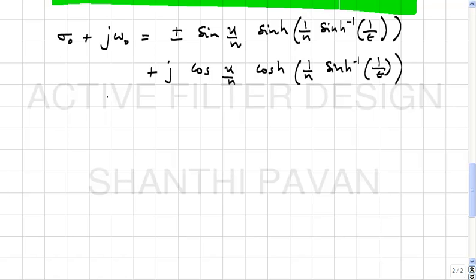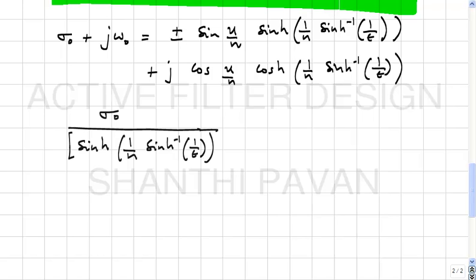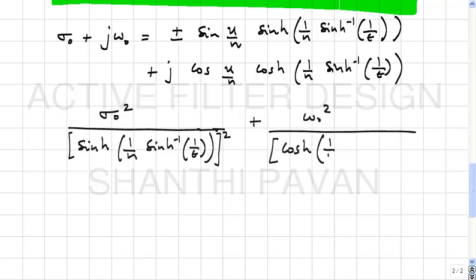A simple observation that I'd like to bring to your attention is the following: sigma naught divided by sin hyperbolic of 1 by n sin hyperbolic inverse of 1 by epsilon, the whole square, plus omega naught square divided by cos hyperbolic of 1 by n sin hyperbolic inverse of 1 by epsilon, the whole square, is equal to 1. It's sin square u by n plus cos square u by n, which is 1.